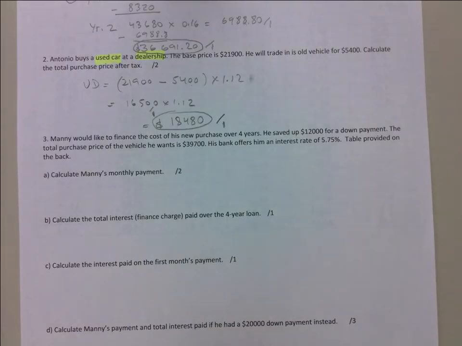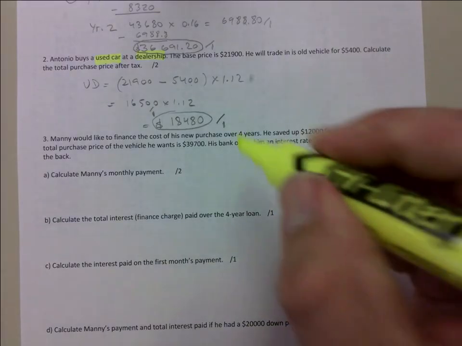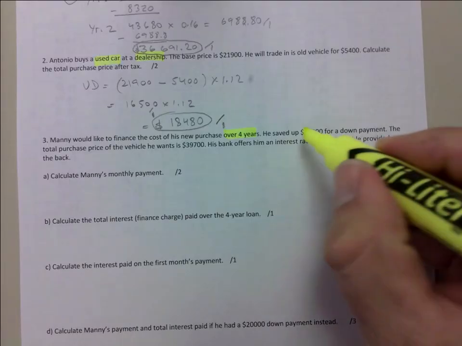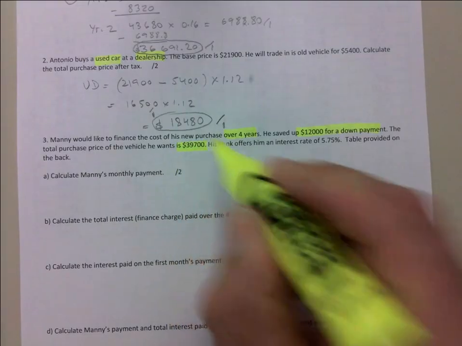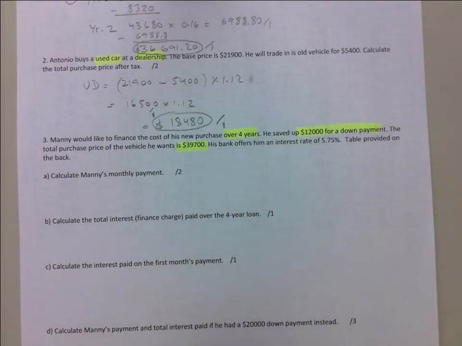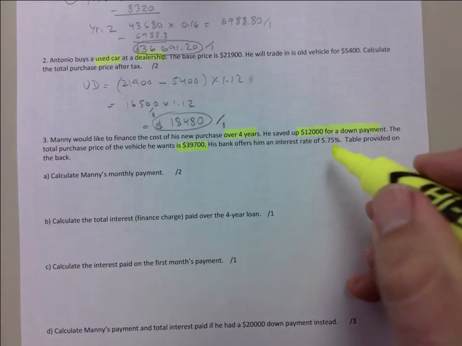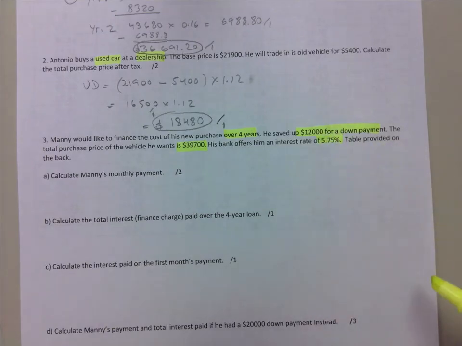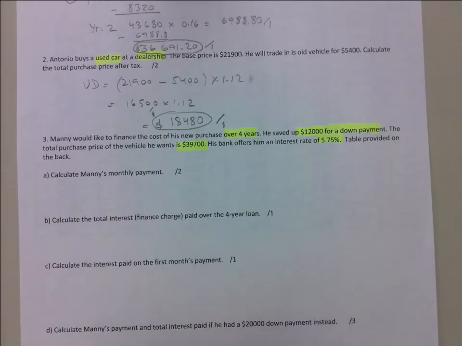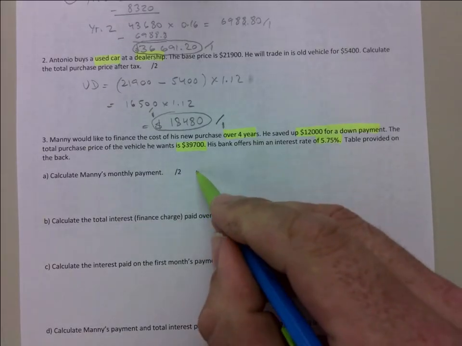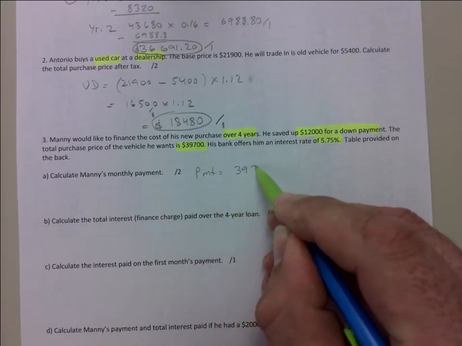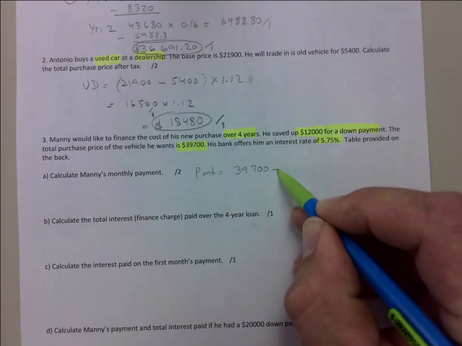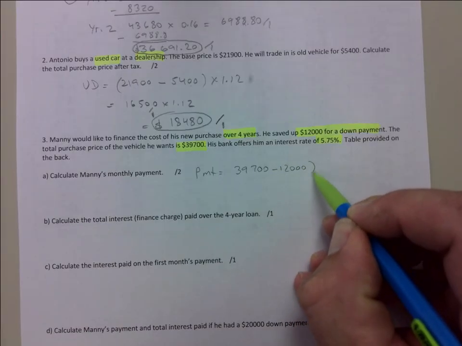Next, we want to finance over 4 years, right? So loan situation, there's a down payment that is going to be applied. There's the price of the car, total purchase price, that's already including tax, interest rate, and so let's figure this out. So for your payment, I go 39,700 minus 12,000.